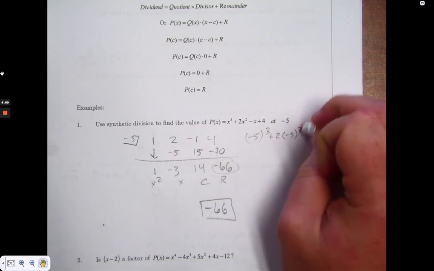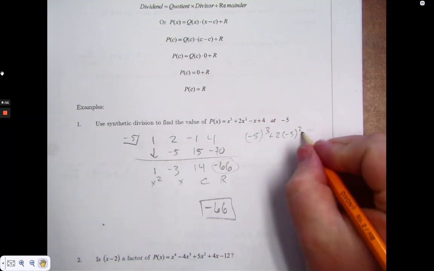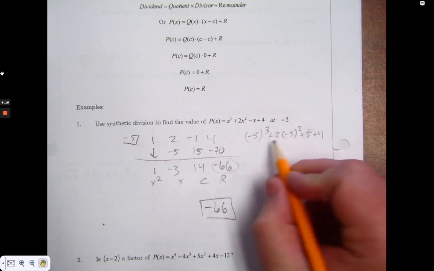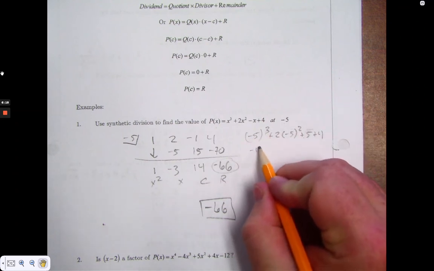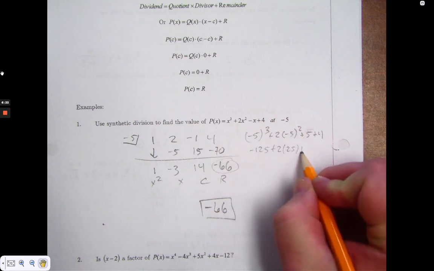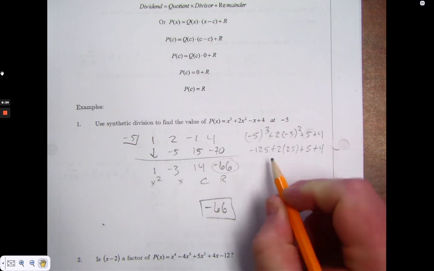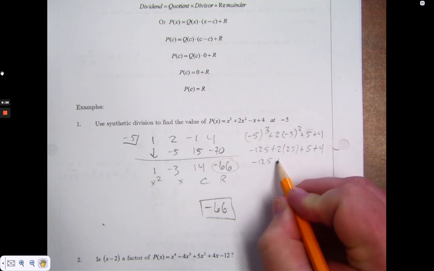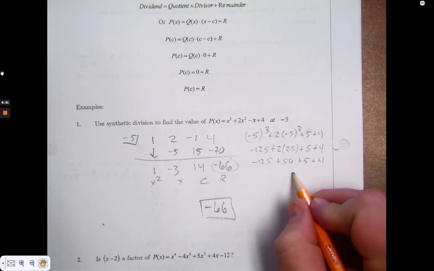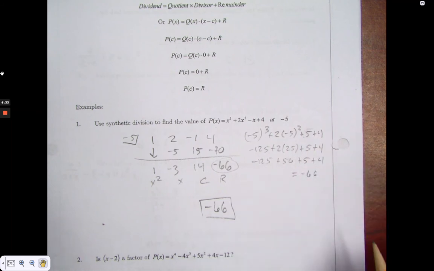Got to put in the minus a negative, so that's really going to be plus 5, and then plus 4. So -5 cubed is -125. -5 squared is 25. Plus 5 plus 4, so -125 plus 50 plus 5 plus 4 also gives us that -66. So yet again, just one more example of how it works.